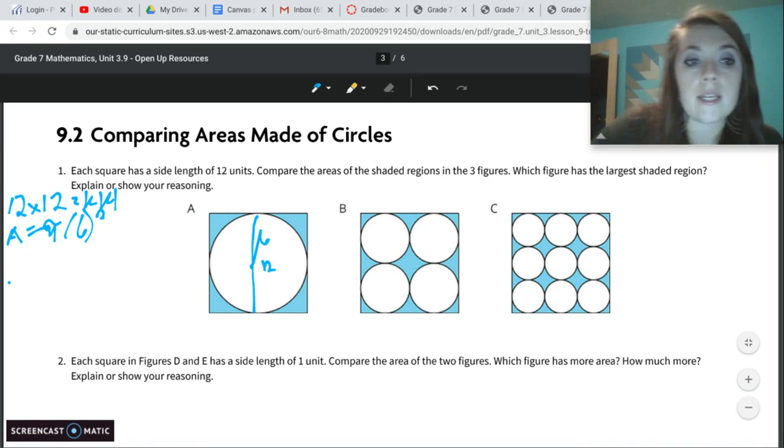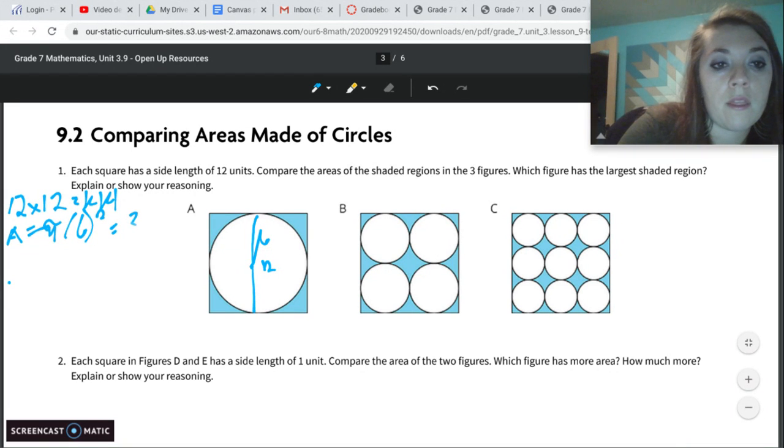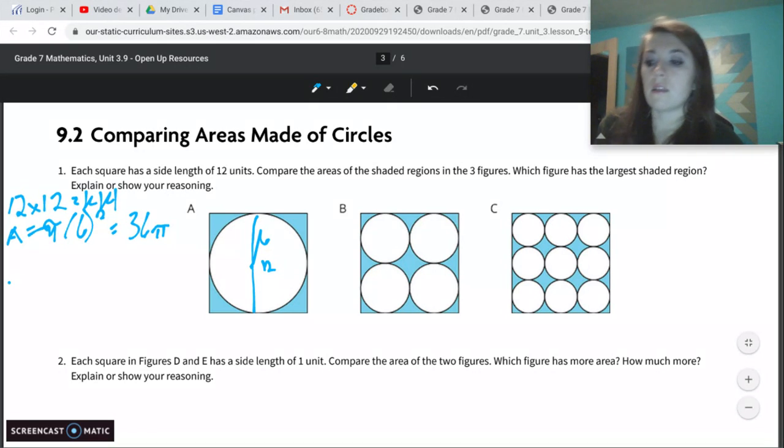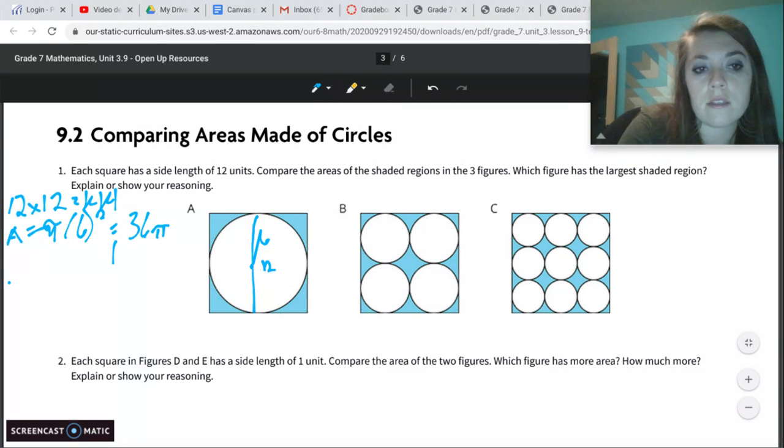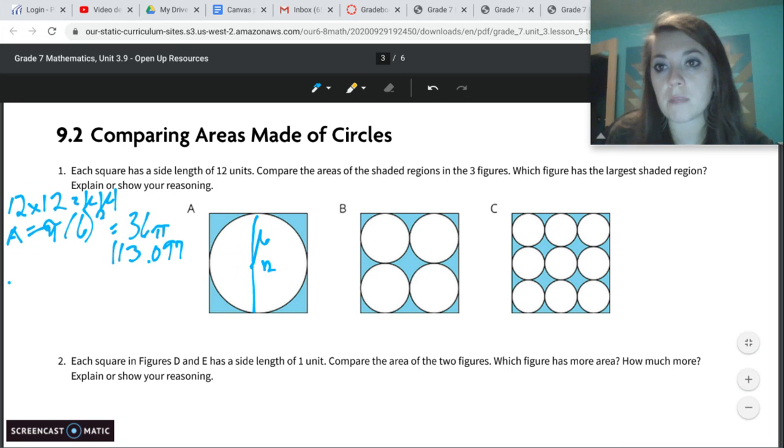So 6 squared is 36. So this is 36 pi. Now, an approximation of what 36 pi is, 113.097. So that's approximately what 36 pi represents.